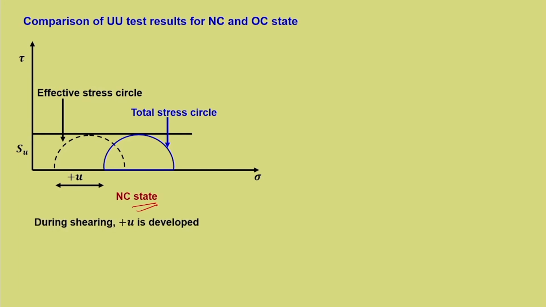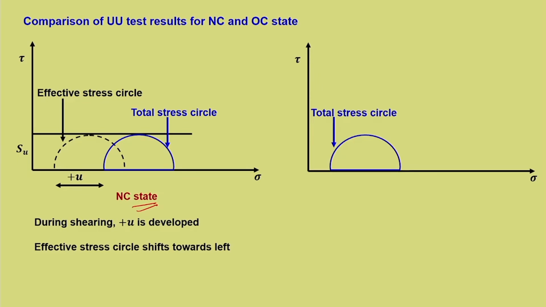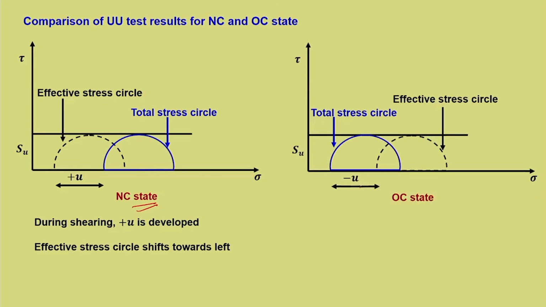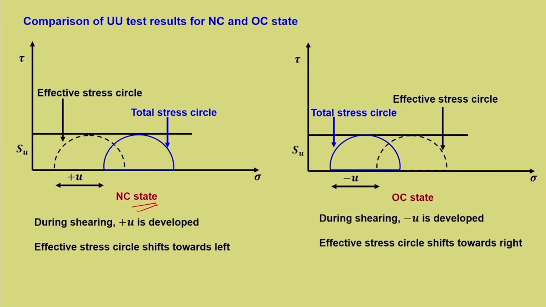So this will shift the effective stress circle towards the left, and for over consolidated soil, u will tend to be negative, and hence the effective stress circle shifts rightward. So these are the two comparisons of how the stress history would influence the UU test results.